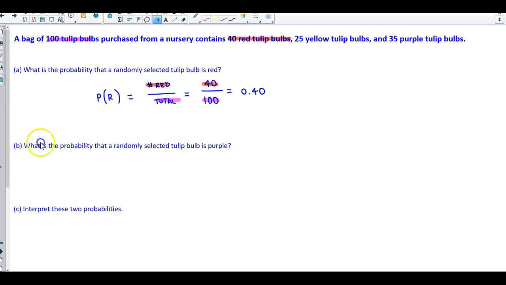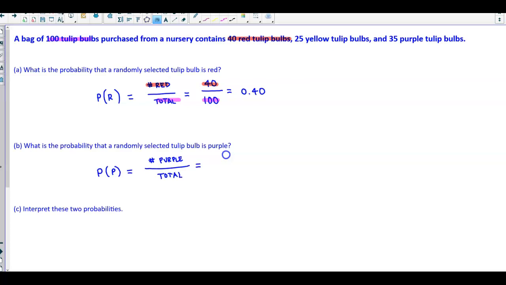Okay? So now we want to find the probability that a randomly selected tulip bulb is purple. So we want to find the number of purple tulip bulbs, and then we're dividing that by the total.